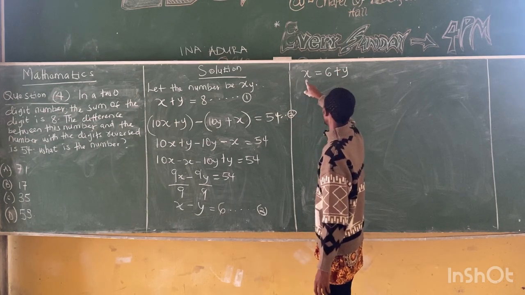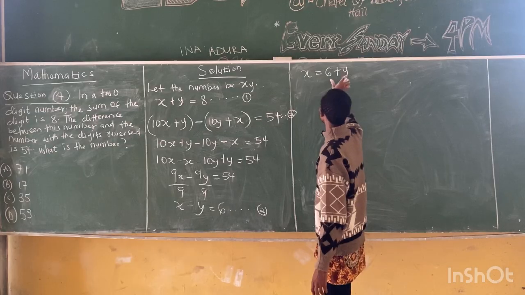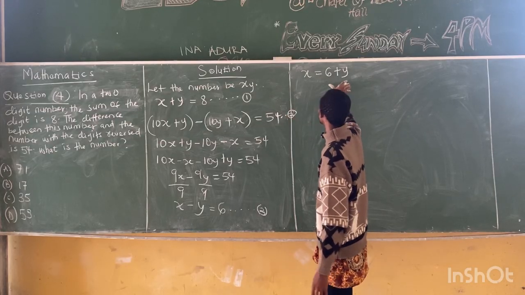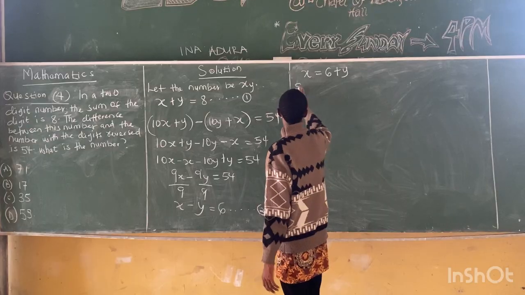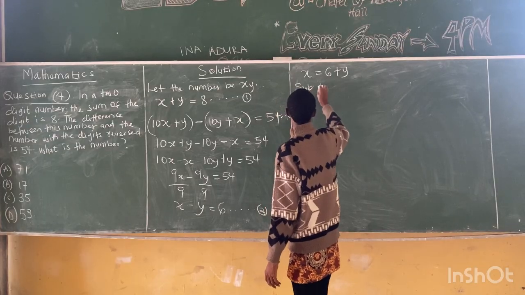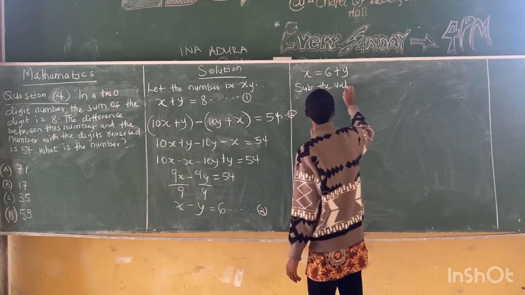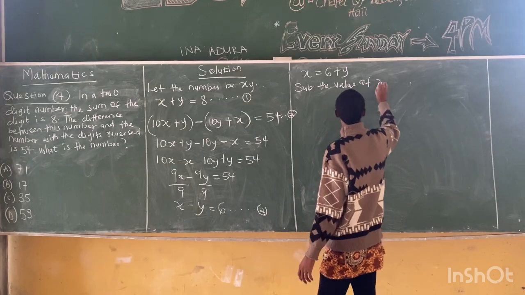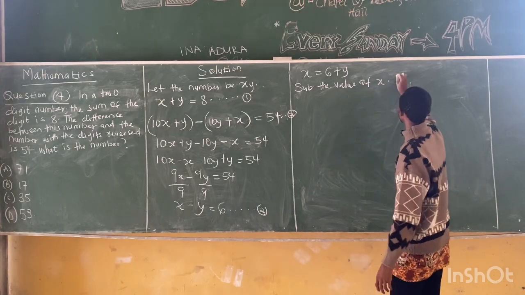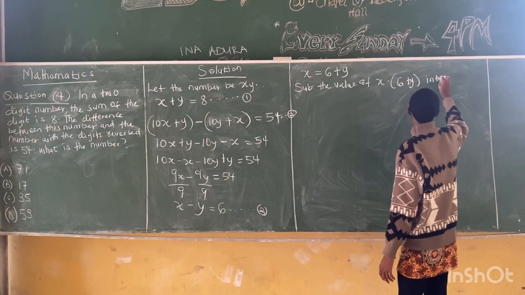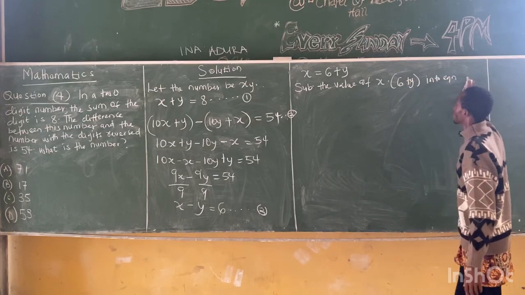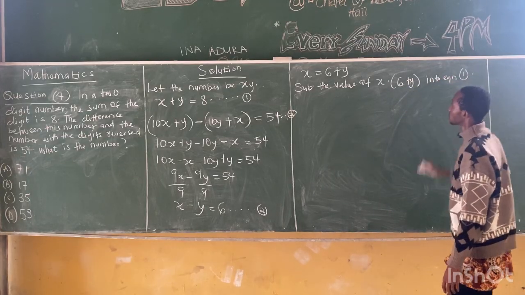We have gotten the value of x to be 6 plus y. Substitute this value of x into equation 1. The value of x is what? 6 plus y, into equation 1.